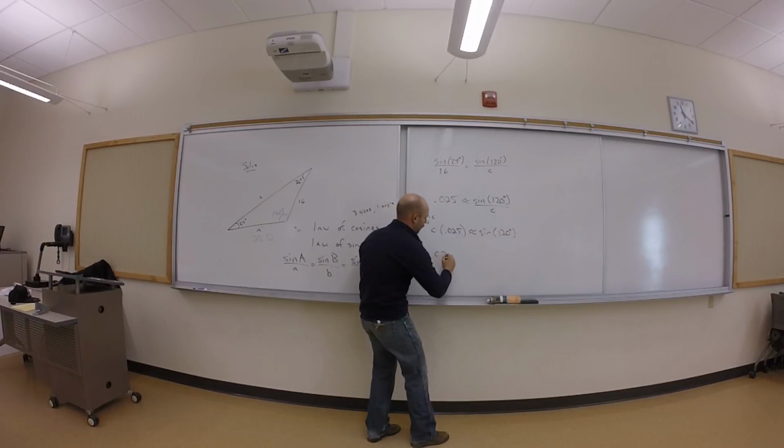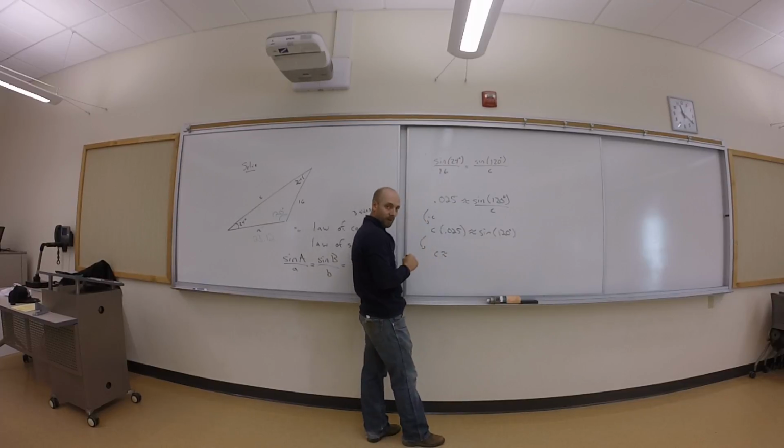And so c is approximately, what am I going to do? Divide by 0.025. Perfect.